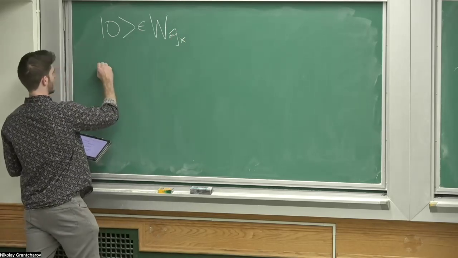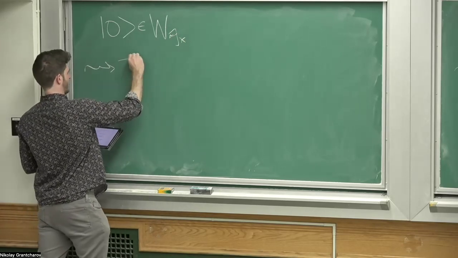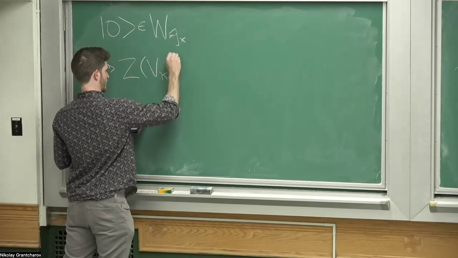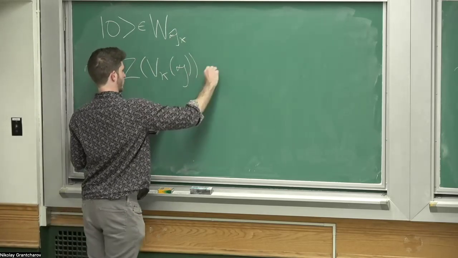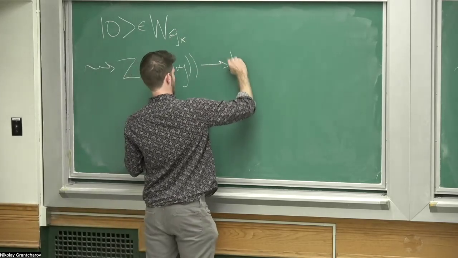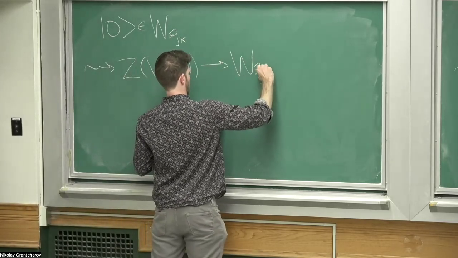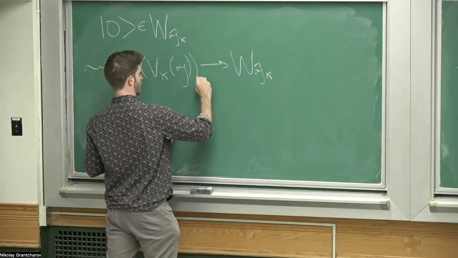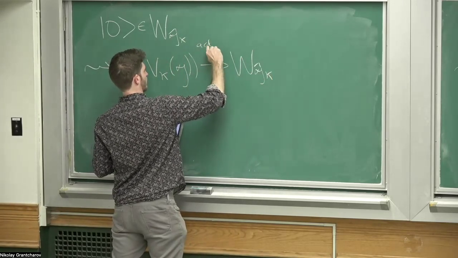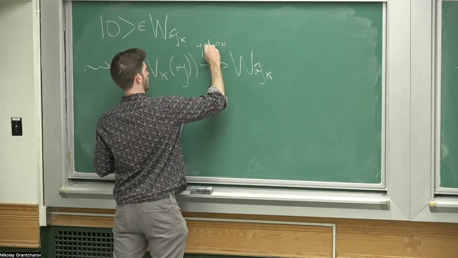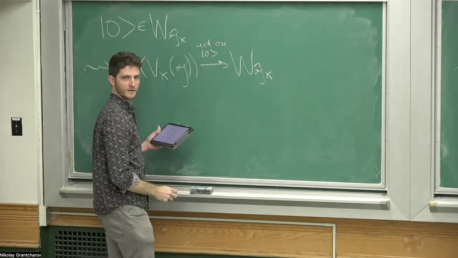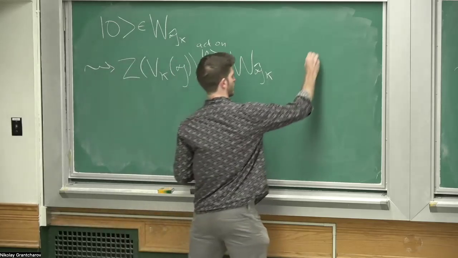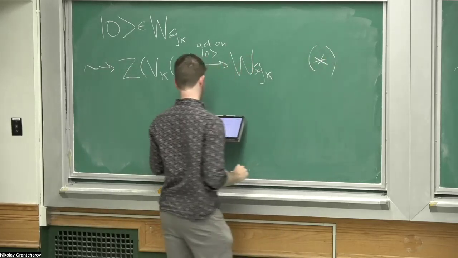And so in particular, I get a map of vector spaces from this center to the W algebra, which is: act on the vacuum. Right. For a module, I specify a vector, and so I can act on it and I get a map. Call this star.